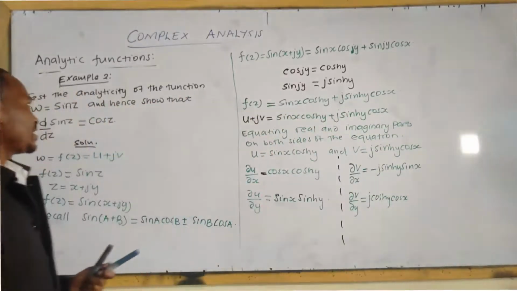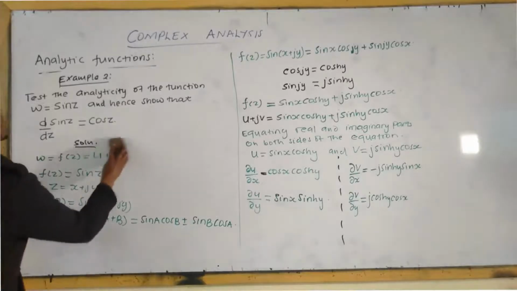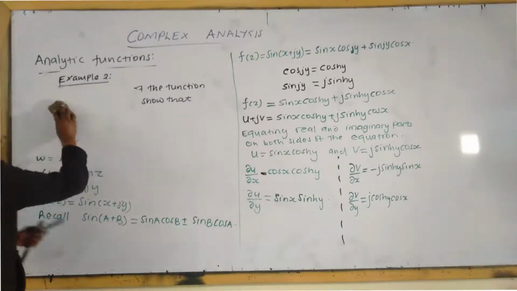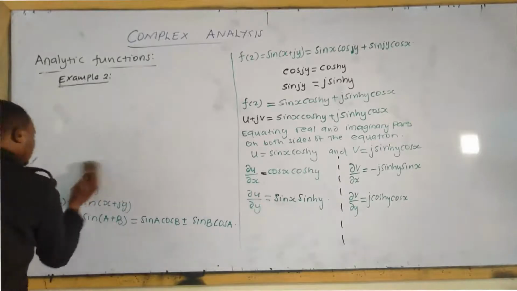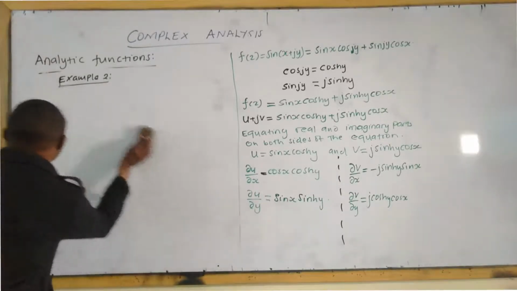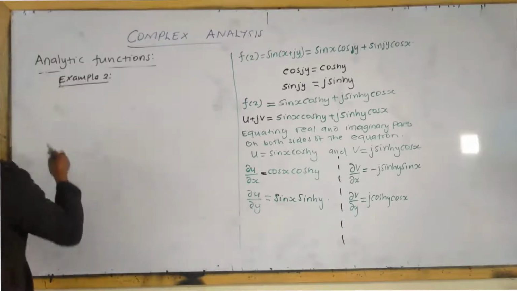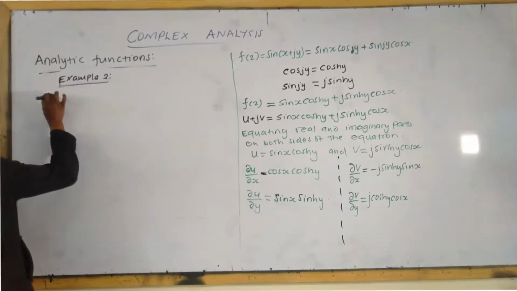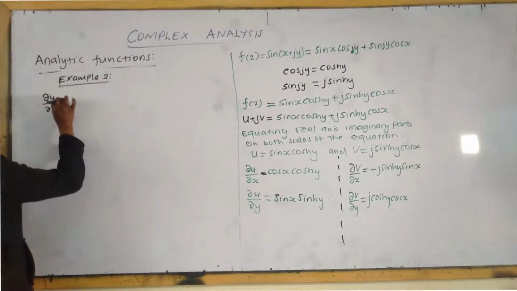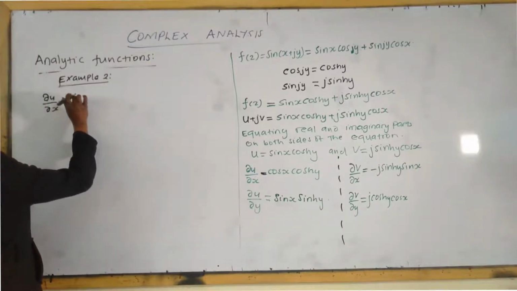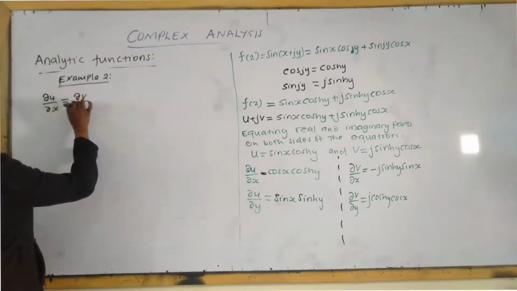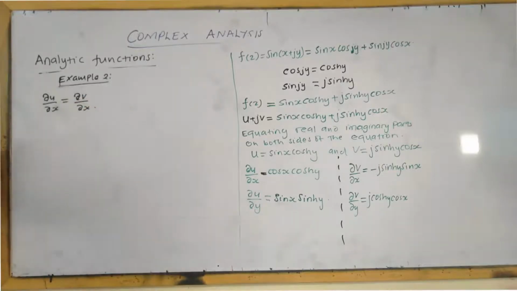What are our Cauchy-Riemann equations? The first Cauchy-Riemann equation is that the partial derivative of u with respect to x is equal to the partial derivative of v with respect to y. I made a mistake in equating.